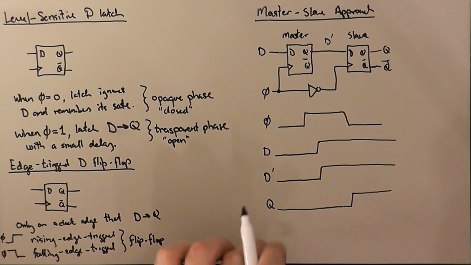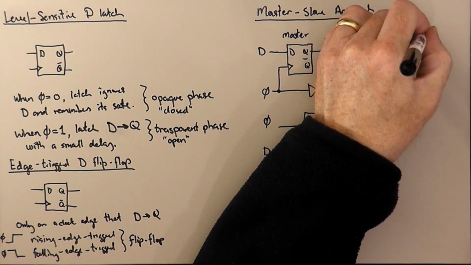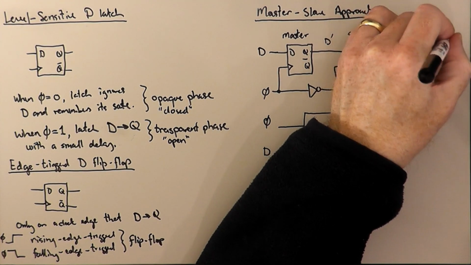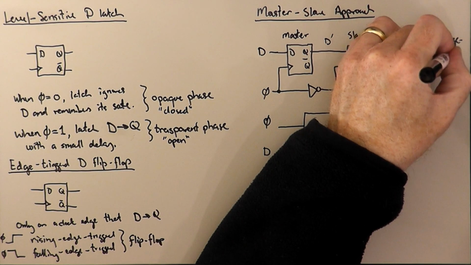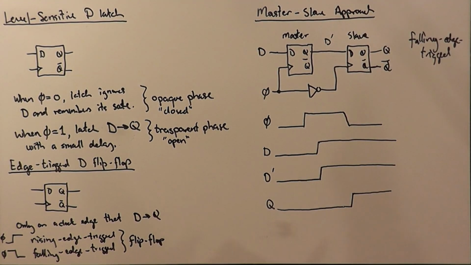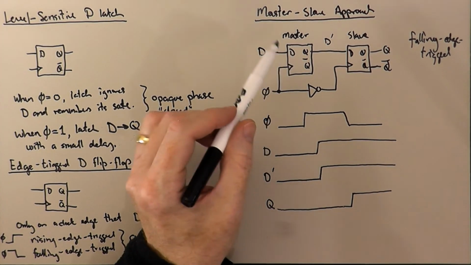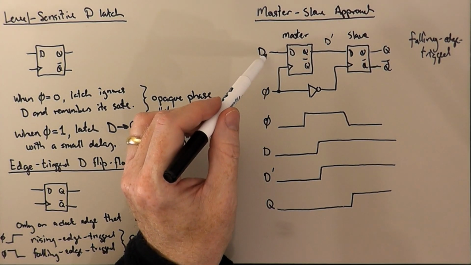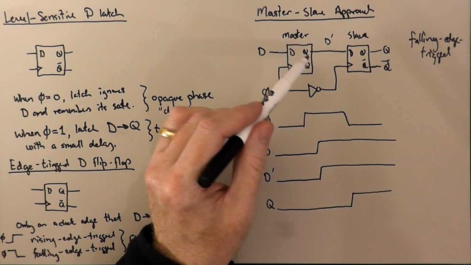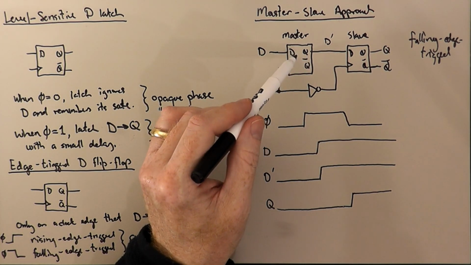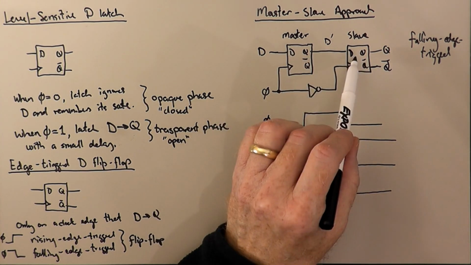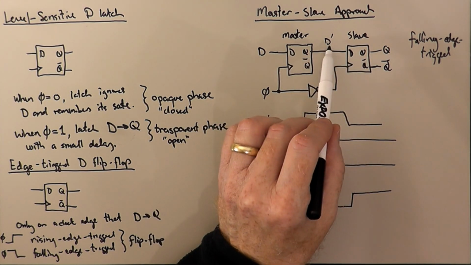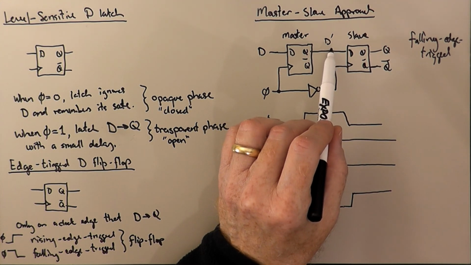Maybe I should draw this up here. Falling edge triggered. There's a falling edge triggered arrangement. And like I said, the basic idea is the master latch is sampling the input during its transparent phase, and then it becomes opaque, and at that point this one becomes transparent and samples a steady input that's not changing.